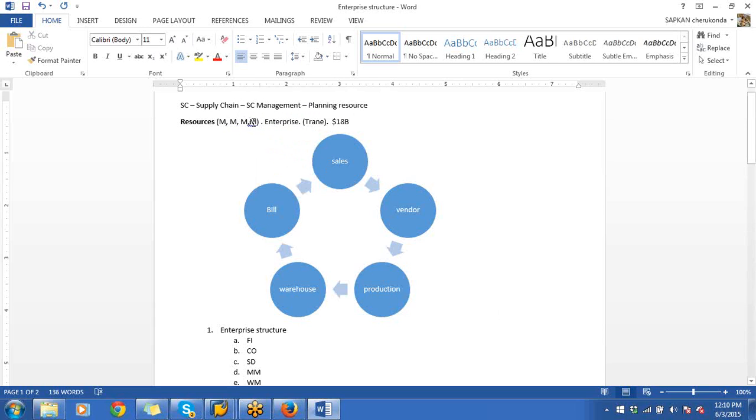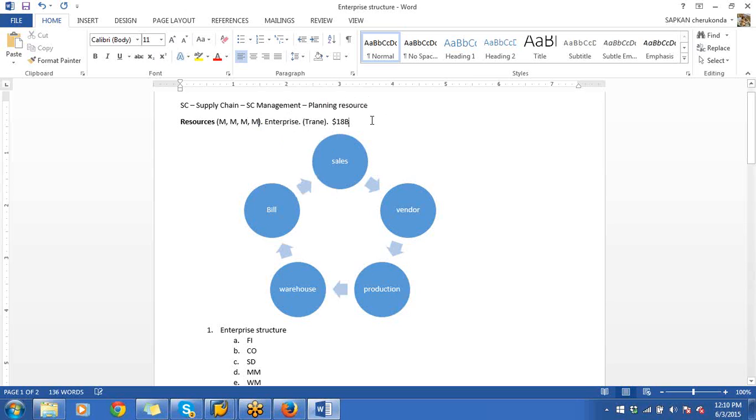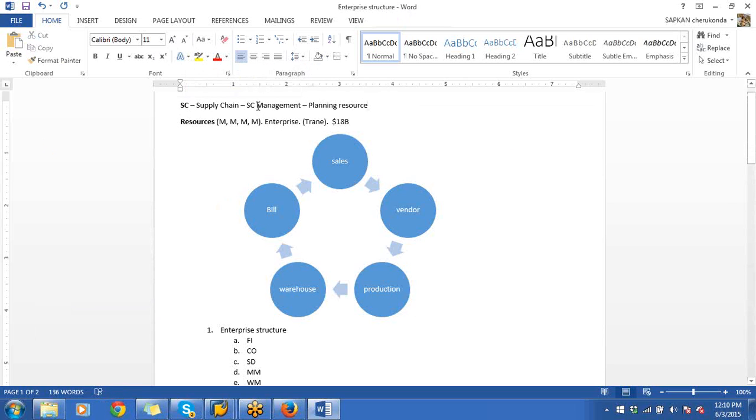Okay, so this is the basics, and we are not talking with reference to SAP. We are talking as a subject: what is supply chain, and what is it that you are managing? How you are managing?